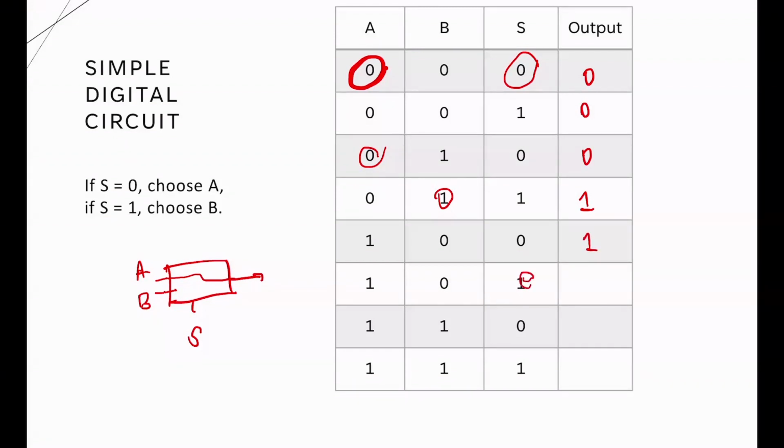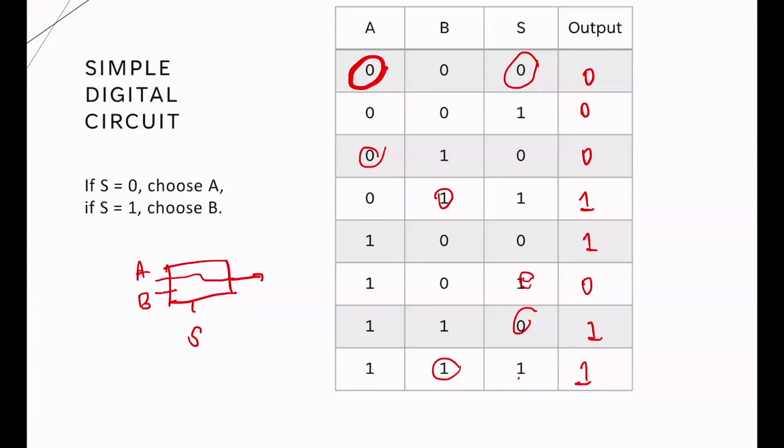S is 1, have B out, so it's 0. S is 0, have A out, so it's 1. S is 1, have B out, so it's 1. So we have a truth table of a simple circuit: if S is 0, let A out, and if S is 1, let B out.